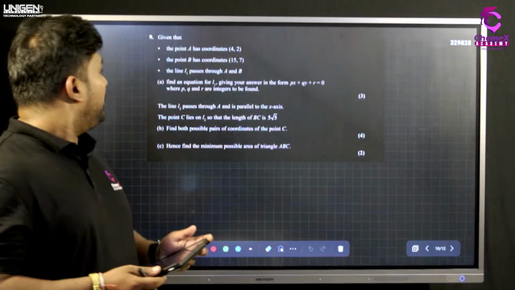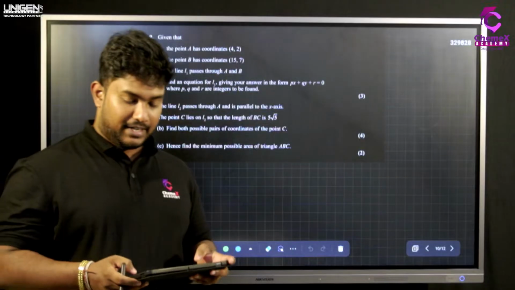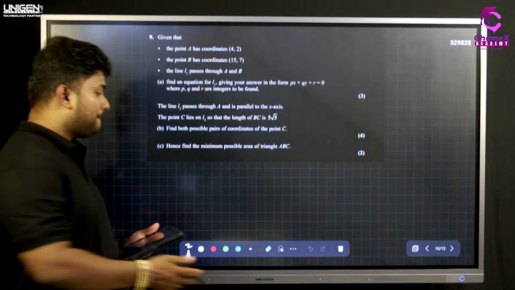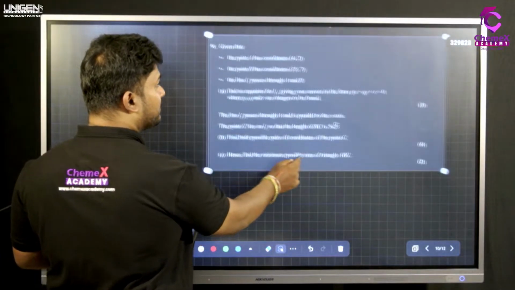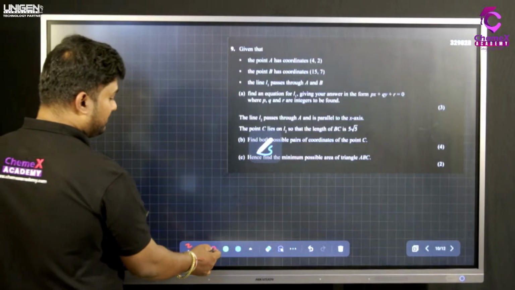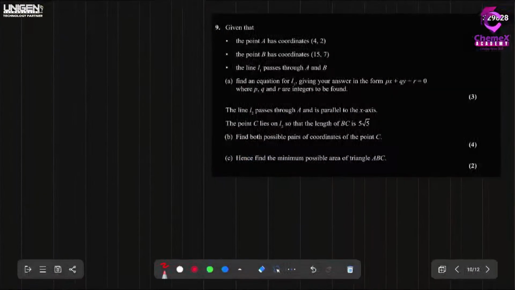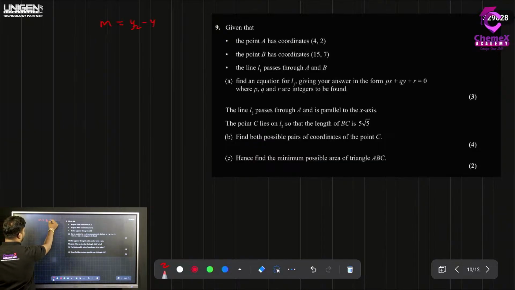To do that, you need to first find the gradient. How do you find the gradient? What's the formula to use? m is equal to y2 minus y1 over x2 minus x1.